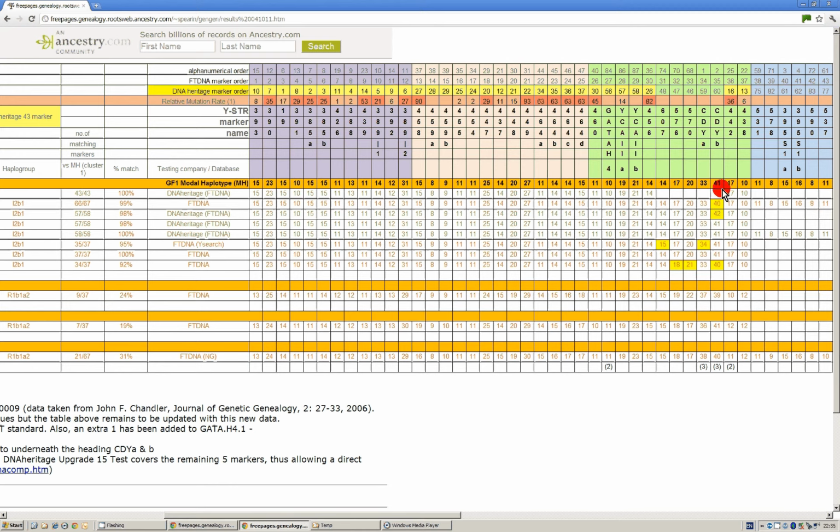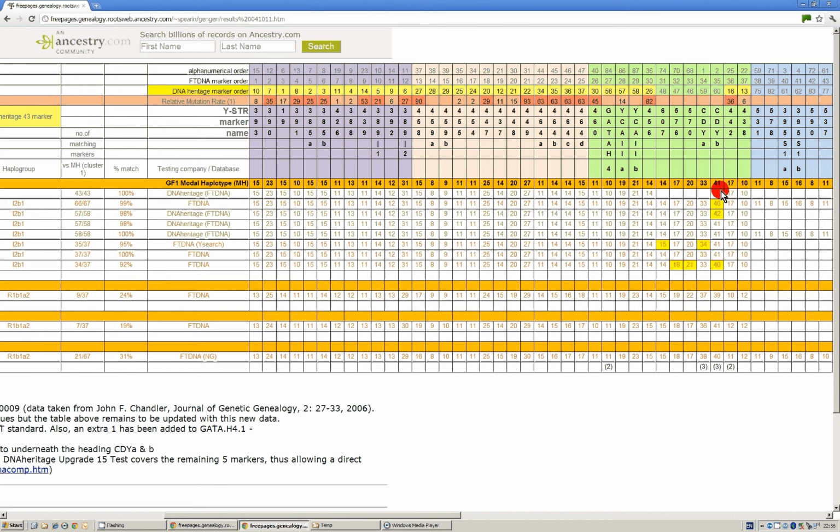Here we have 7 members, 4 of whom have a value of 41, 2 of whom have a value of 40, and then 1 has a value of 42. So this is the marker that has the most mutations, but the most frequently occurring value for this marker among this group of people is 41, and that's the number that gets put in the modal haplotype.